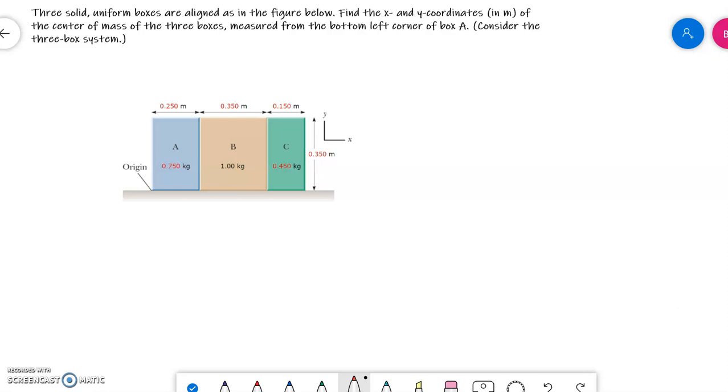So we need to find the center of mass, both the x and y coordinates. We can do the x coordinates first. The center of mass equation is as follows.